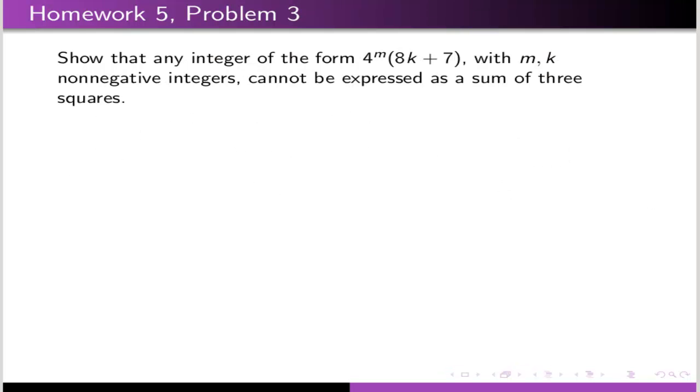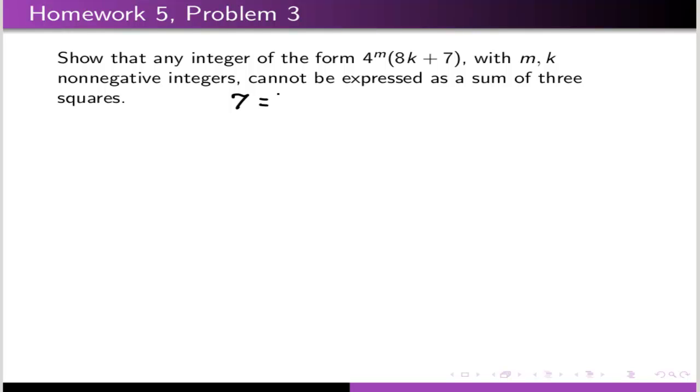Problem 3. Show that any integer of the form 4 to the m times (8k plus 7) cannot be expressed as a sum of 3 squares. The first integer that can't be expressed as a sum of 3 squares is 7. How would you do it?